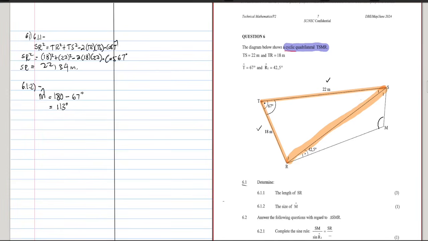It's a cyclic quad. From Euclidean geometry we know that opposite angles in a cyclic quad are supplementary. They add up to 180 degrees. That is why I subtracted 67 from 180. Supplementary means that the angles add up to 180.